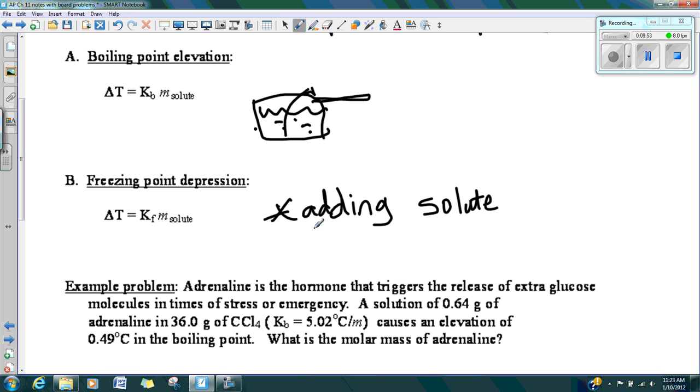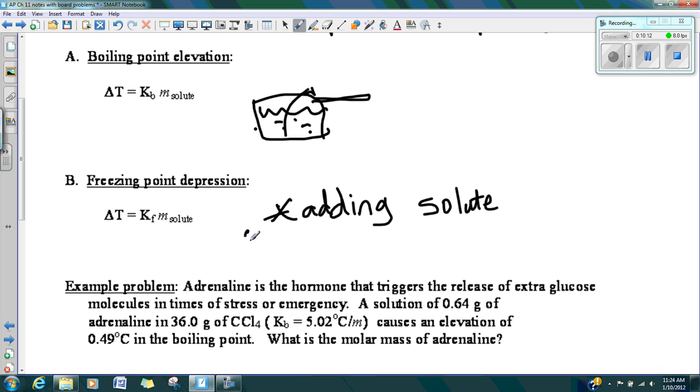But down here in freezing point depression, you've probably seen this on your sidewalk. You see some ice building up, you add some solute to it, and it's going to lower that freezing point, and so now your sidewalk is clear. So the freezing point is more affected by adding a solute than the boiling point is.